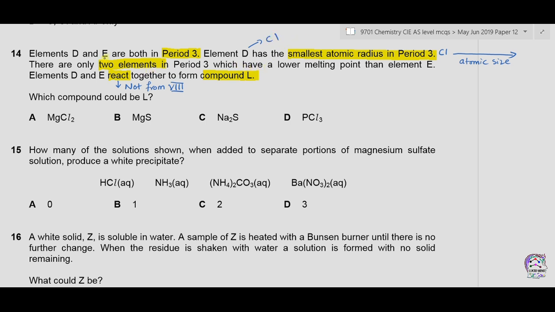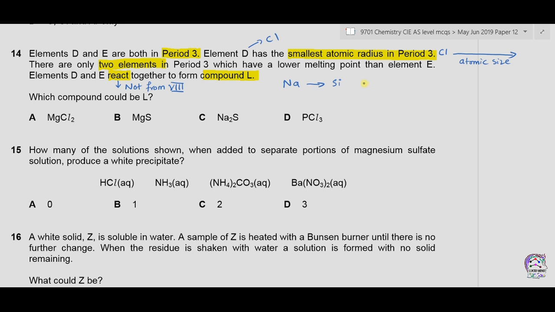Let's find out about E. In the question, it says there are only 2 elements in period 3 which have a lower melting point than element E. So let's find out the trend in melting point. We can see that in period 3 the melting point increases from sodium to silicon. This is because of the stronger intermolecular forces of attraction or interatomic forces of attraction.